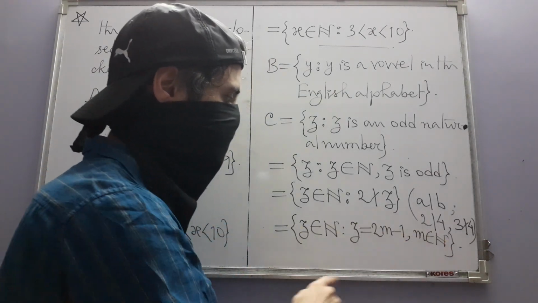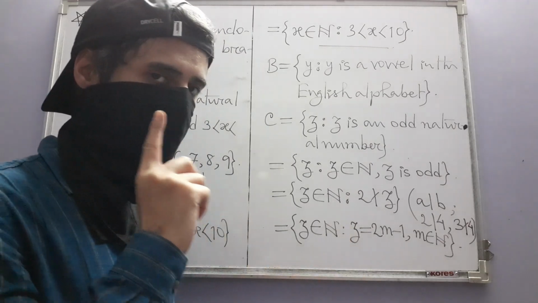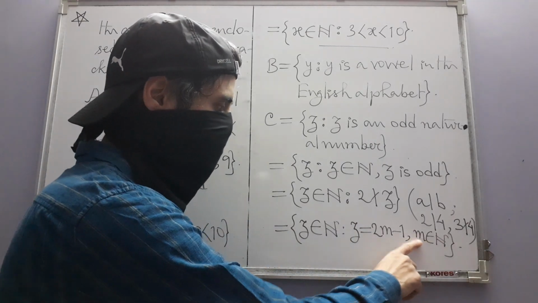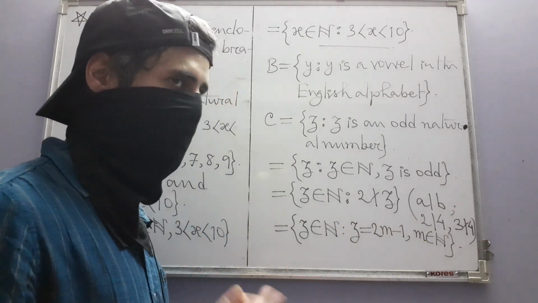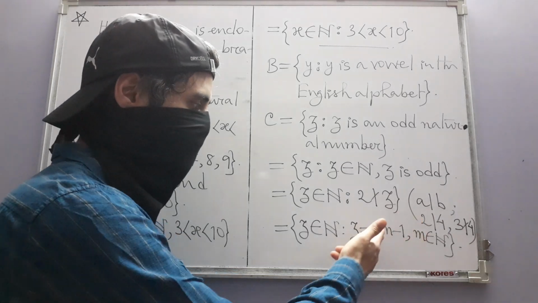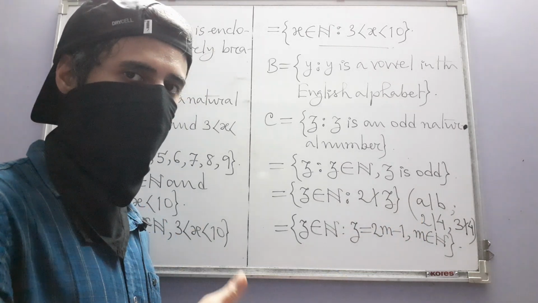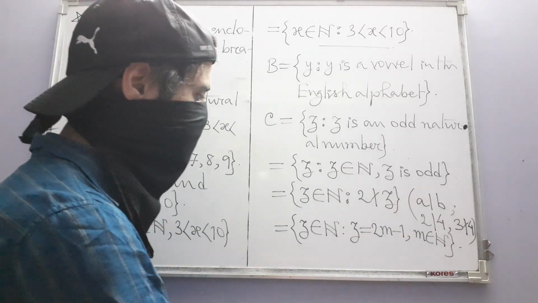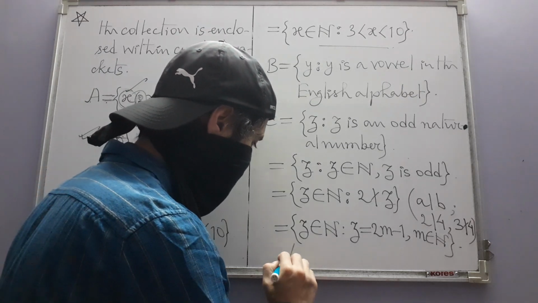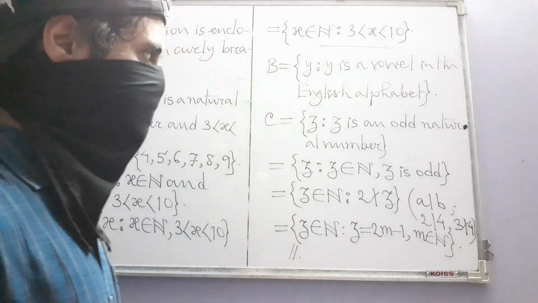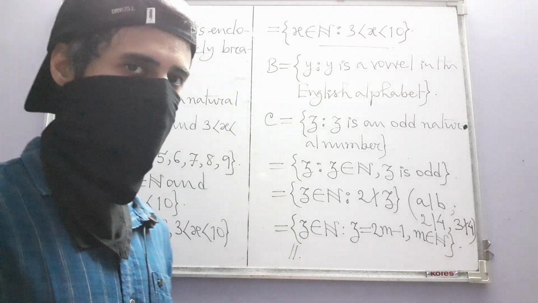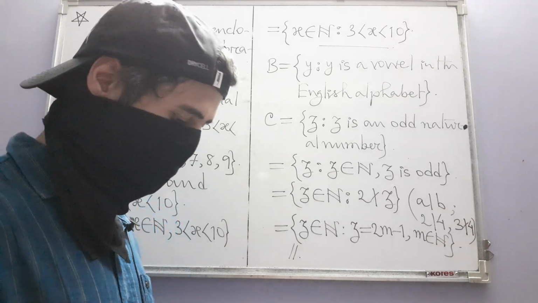You take m equal to 1, 2 minus 1, you get 1. You put m equal to 2, 4 minus 1, you get 3. Put m equal to 3, 6 minus 1, you get 5. 1, 3, 5, 7, 9, like that you keep getting. Okay, so these are some different ways of writing the same set C in set builder form.